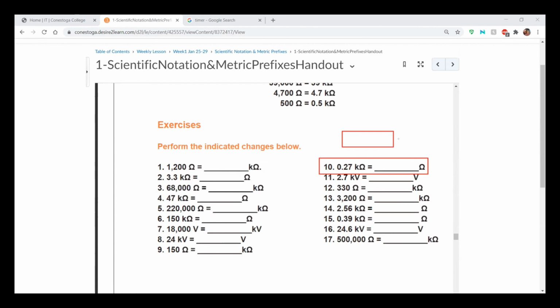Just give me 1 second here. Okay, so the next problem, and this is going to be the last one before we move on, that I want you to do. Okay, so let me check this one, number 16.